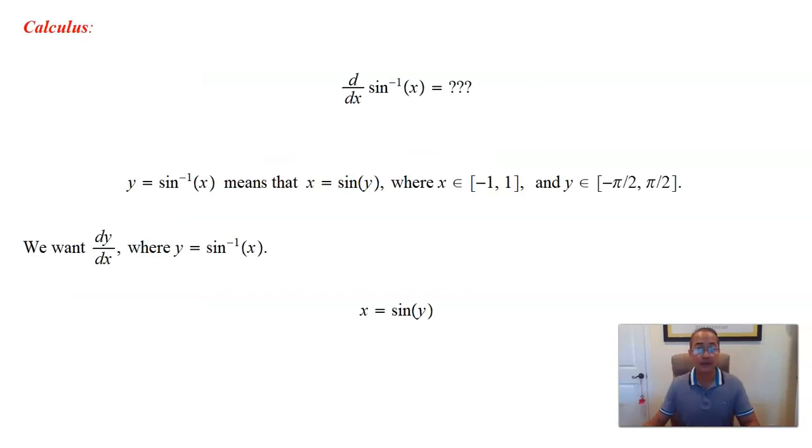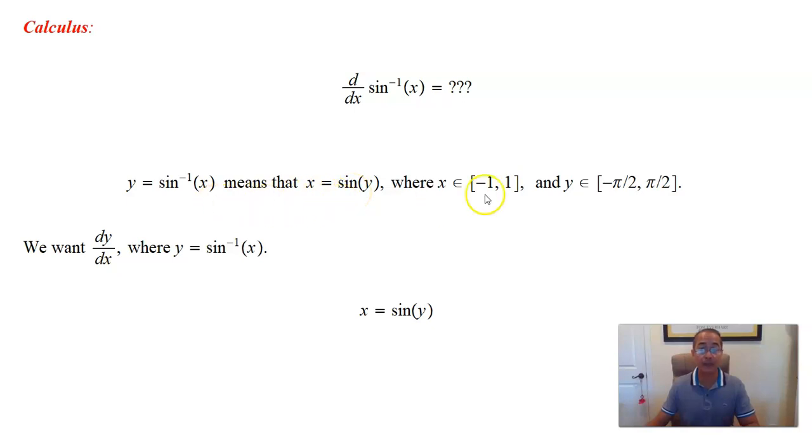Okay, we are now ready to do some calculus. What is the derivative of the arcsine function? Okay, so in order to do this, we are going to use what's called implicit differentiation. I hope you remember this from basic calculus. So the setup is, instead of y equals arcsine of x, we will replace this equation with the equivalent equation where x equals the sine of y.